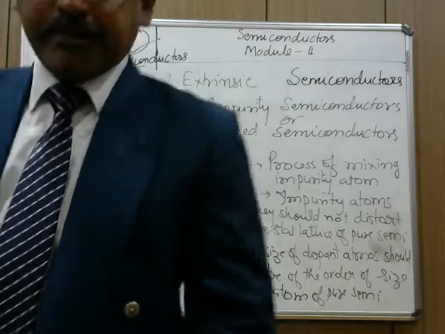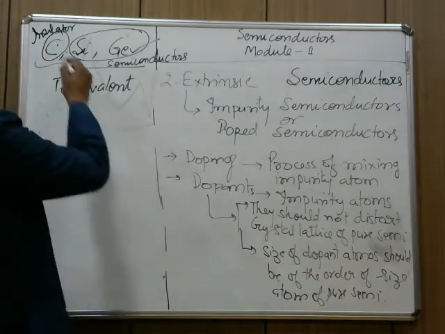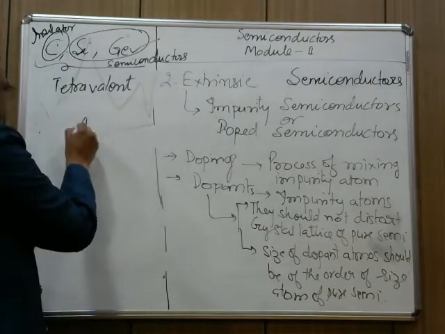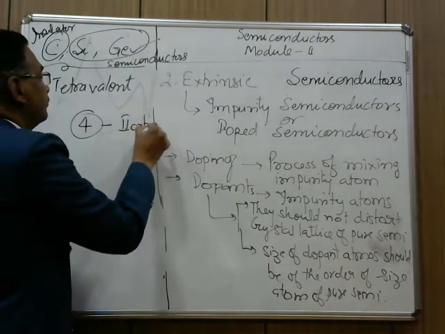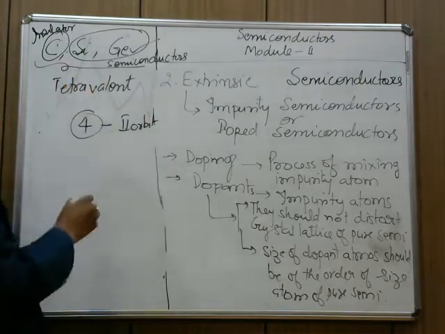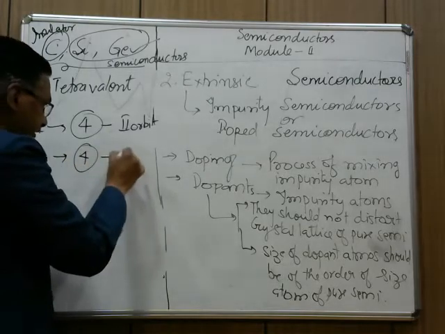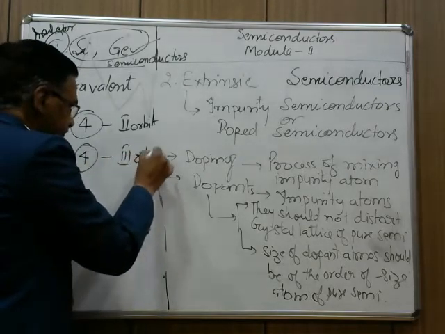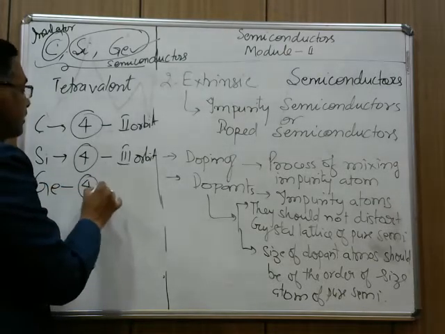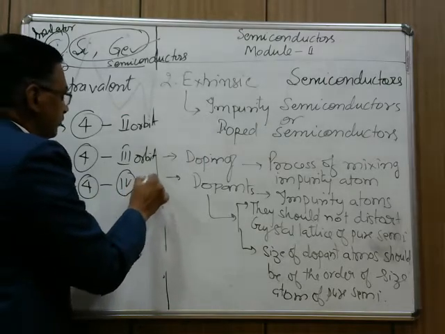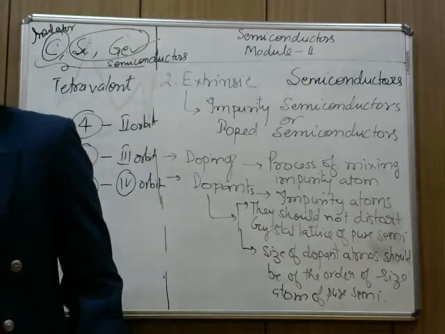Now, this can be answered in two ways. One, in carbon, these 4 electrons are in the second orbit. In silicon, these 4 electrons are in the third orbit. In germanium, these 4 electrons are in the fourth orbit. Now you may think, what difference does it make?